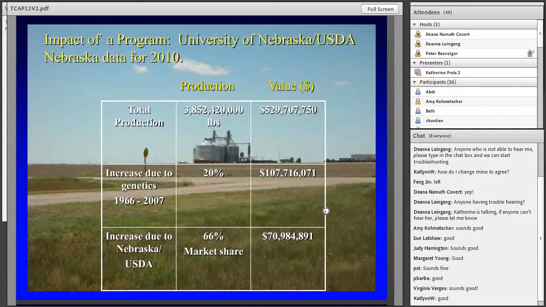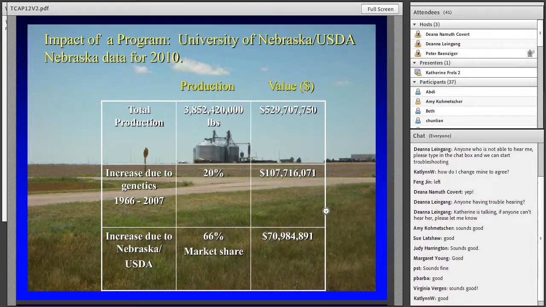Now, if you wanted to think about what breeding does, I always like to give an impact slide. And this is the University of Nebraska USDA program for 2010. That year we produced in Nebraska about 3.9 billion pounds of wheat, and its value would be worth just a little bit over $500 million.